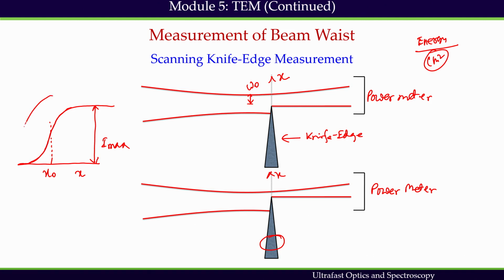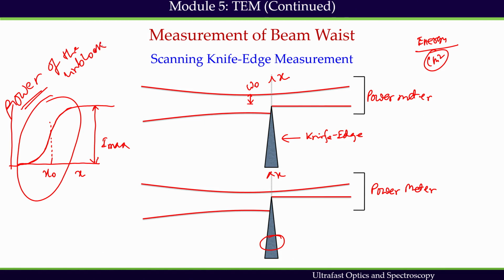The typical nature of this is that the power meter plots the unblocked power of the beam. So if we plot it, we get this profile. This profile is equivalent to an error function, and how it is related to the error function is exactly what we are going to discuss next.